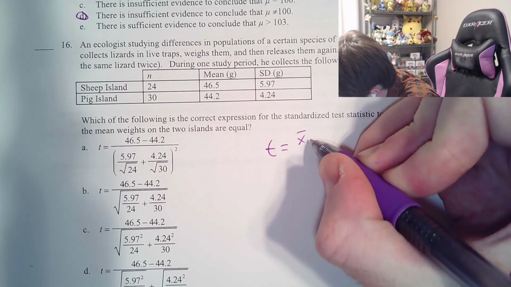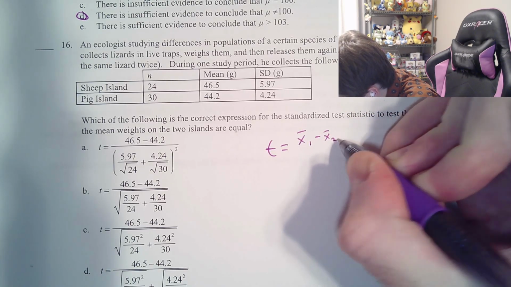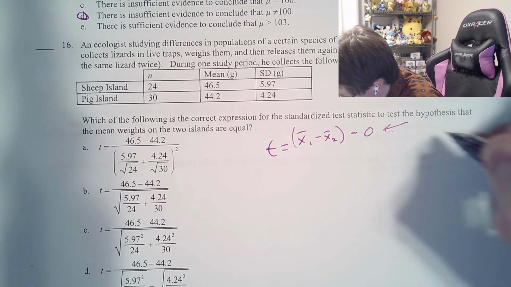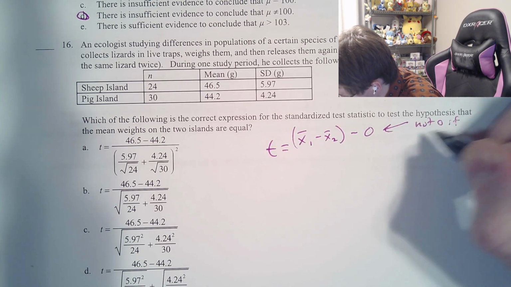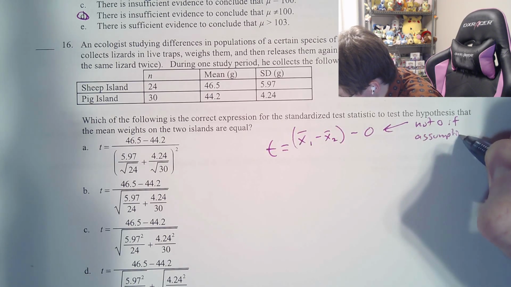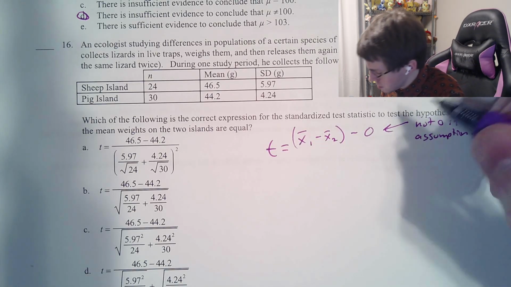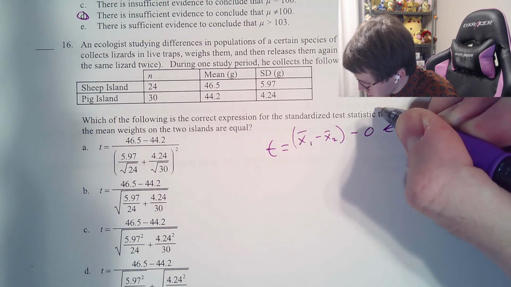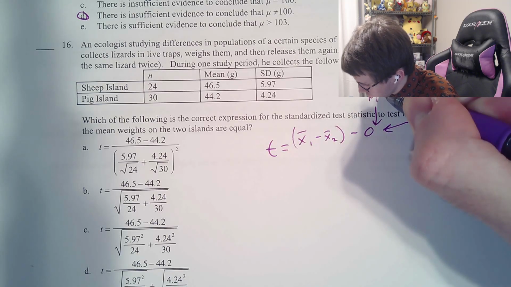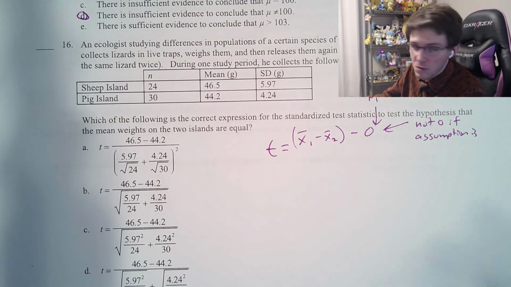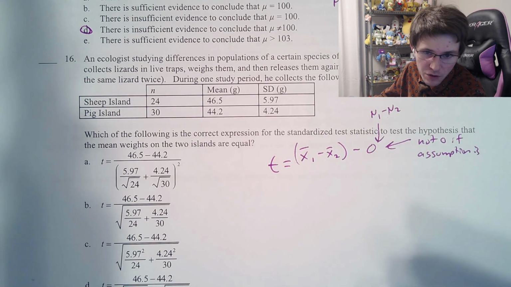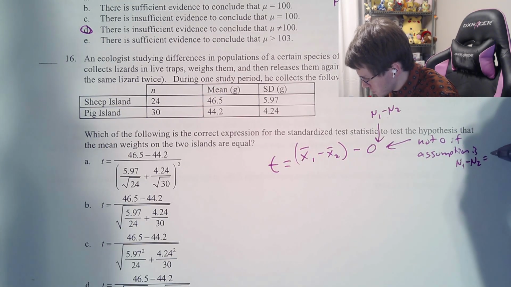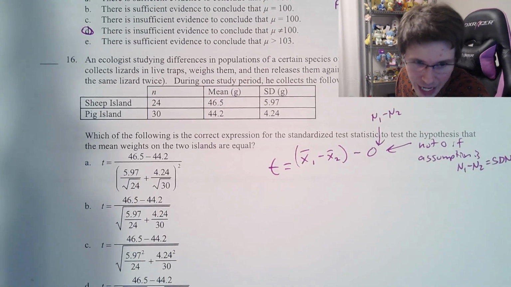So here we're going to be doing x bar 1 minus x bar 2 in parentheses, minus, and this is usually 0, not 0 if the assumption is different. It's technically mu1 minus mu2, assuming that mu1 and mu2 are both 0. So not 0 if the assumption is mu1 minus mu2 equals some number.